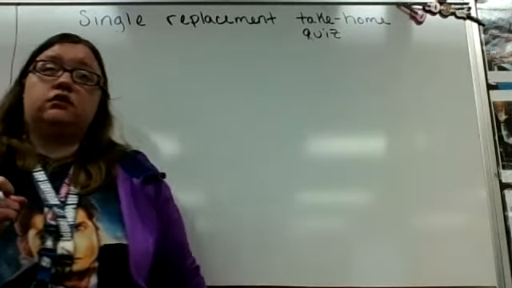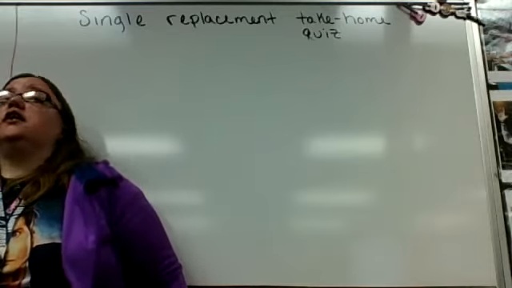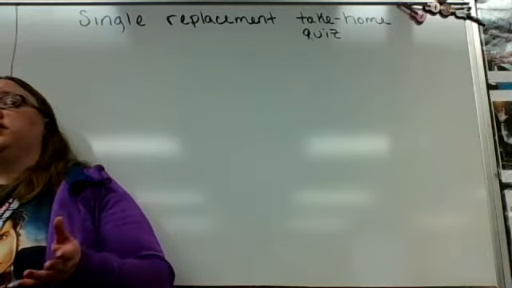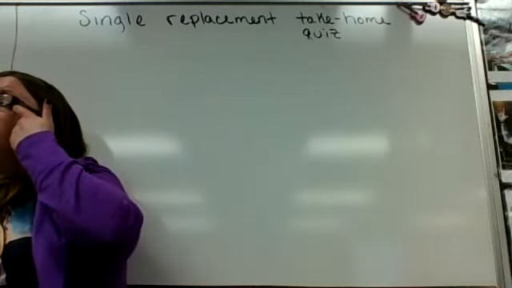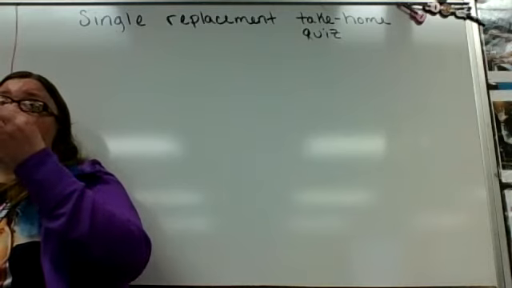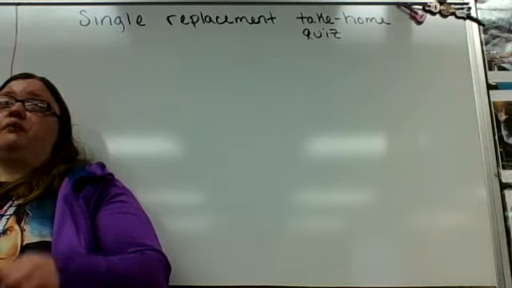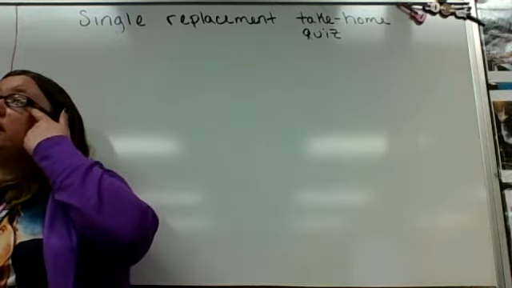Oxidation means charge goes up. Now, in the oxidation half reactions, we are losing electrons. Therefore, when we show the electrons in the oxidation half reaction, the electrons are products. So that means they go to the right side of the arrow.